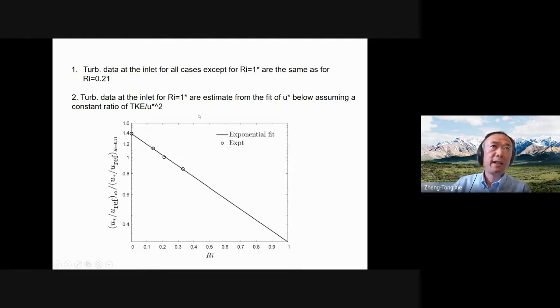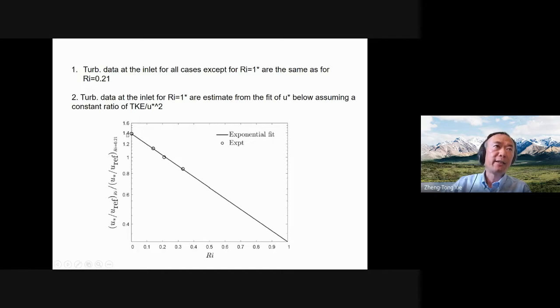From observations and previous work, including Surrey, they found there is a constant ratio of the TKE over the skin friction velocity in weakly stratified flow. So this ratio is more or less the same. And Surrey tried to estimate U star somehow.